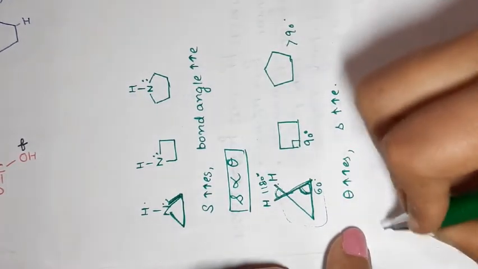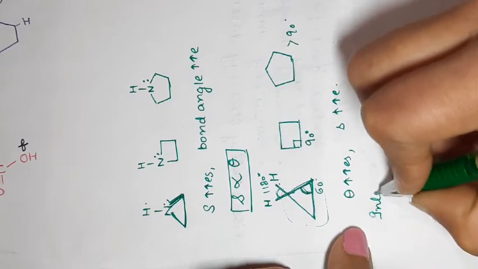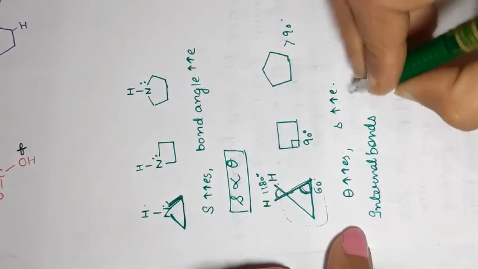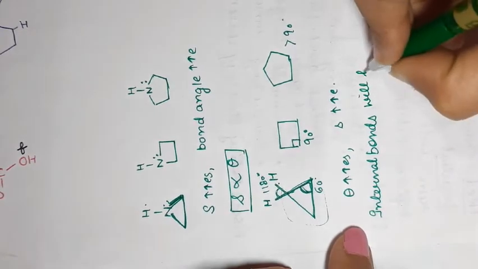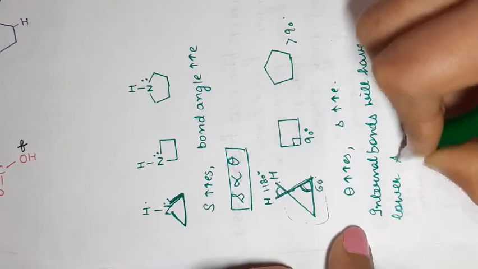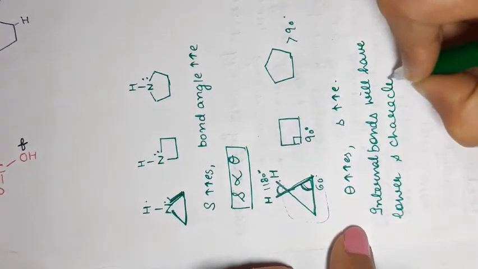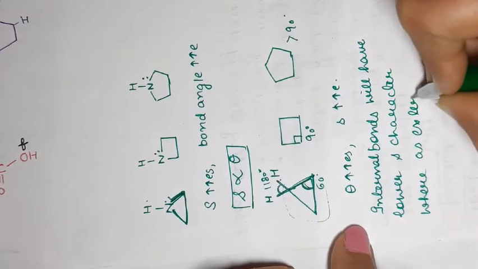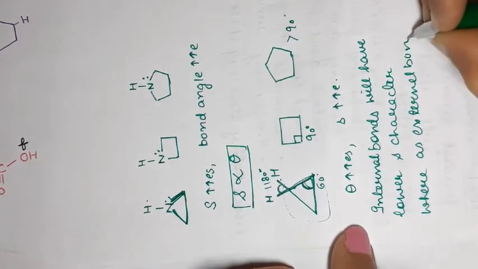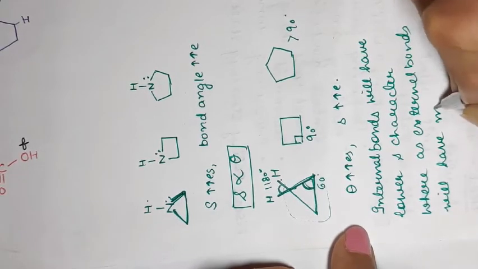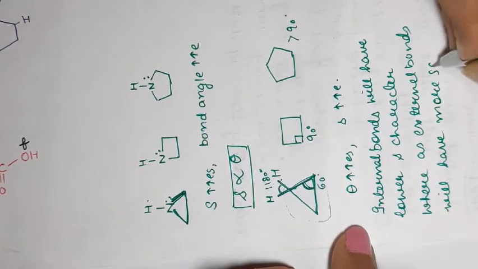So that means the internal bonds will have lower S character, whereas external bonds will have more S character.